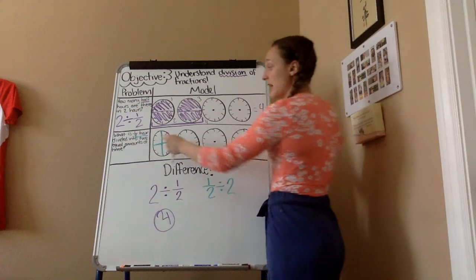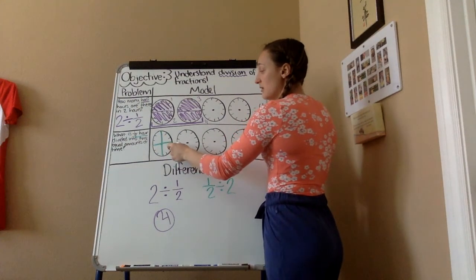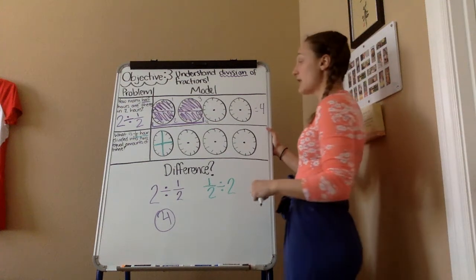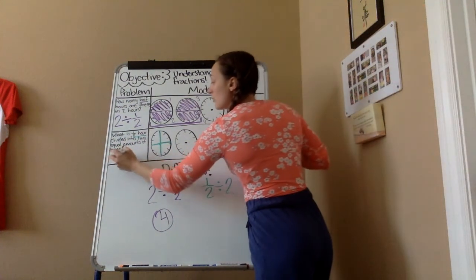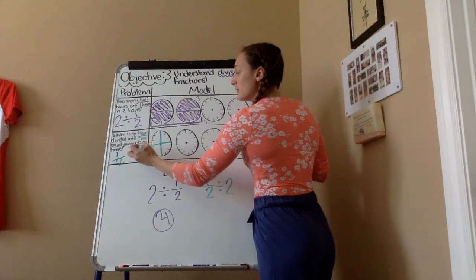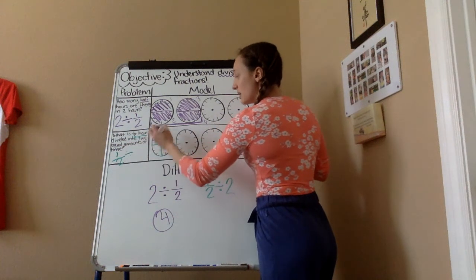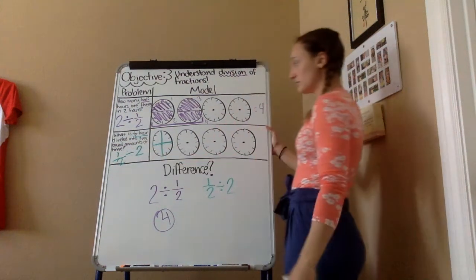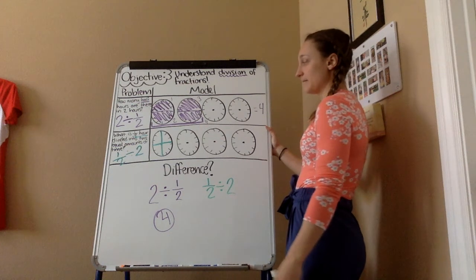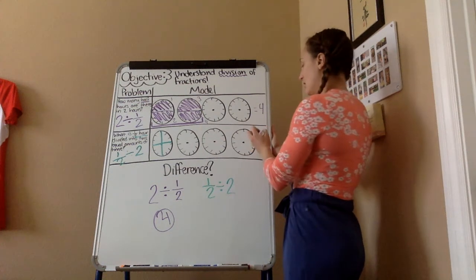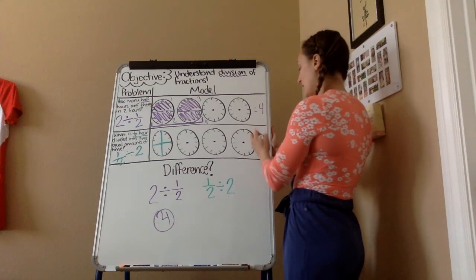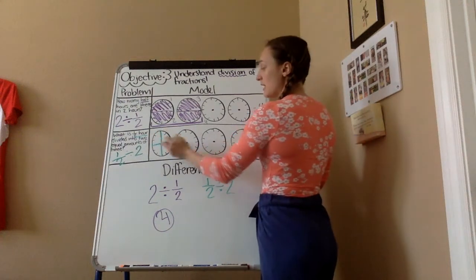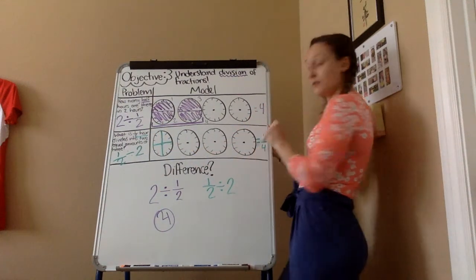My next step is counting how many pieces I have and writing that as a fraction. So we know this is 1/2. I took my 1/2 and then I divided it when I drew my line down. I split it into 2 pieces. Okay? That's going to give us 1/4 because I now have sets of 1/4.